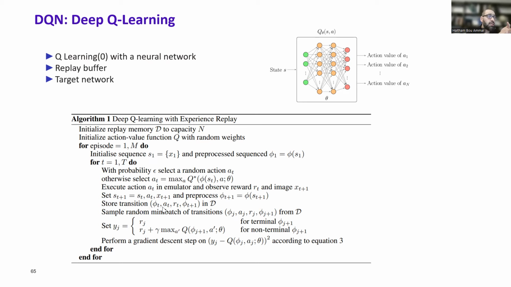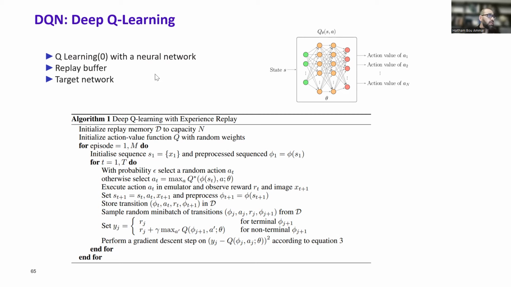We store phi t, which is the pre-processed st, and the action at, the reward rt, and phi t plus 1 in my replay buffer. Using those, I will then compute a set of targets that I want my network to follow.